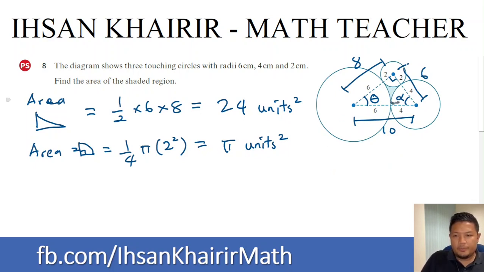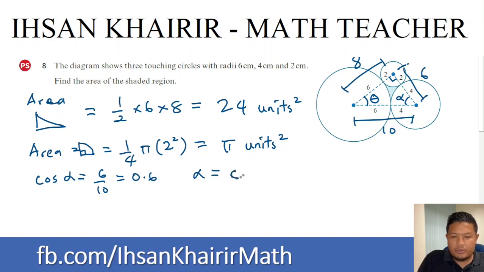For example, for this alpha here, we know that cosine alpha is 6 over 10, which is 0.6. Therefore, alpha is inverse cosine of 0.6.